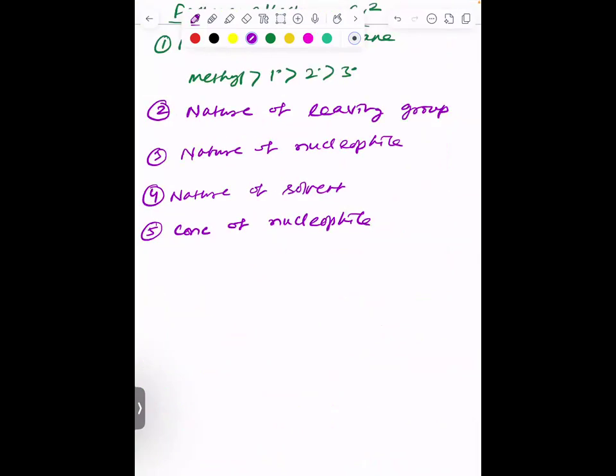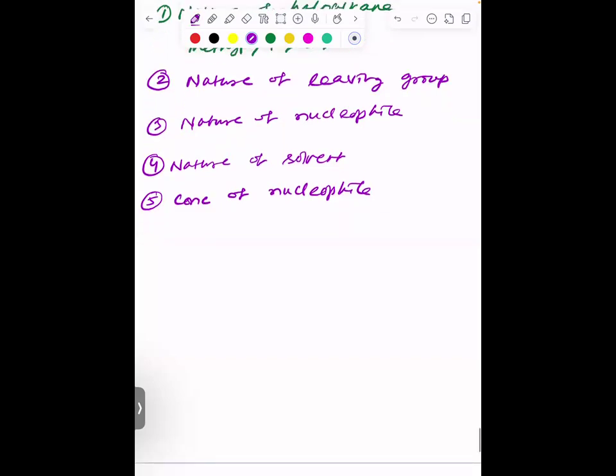With the increase in concentration of the nucleophile, the rate of reaction increases. Okay.